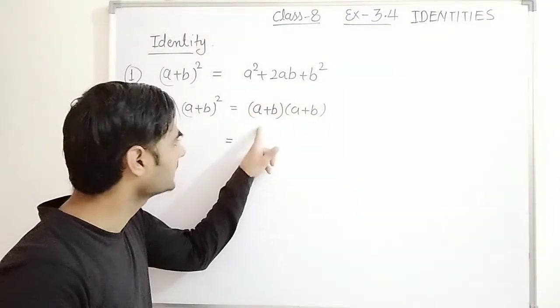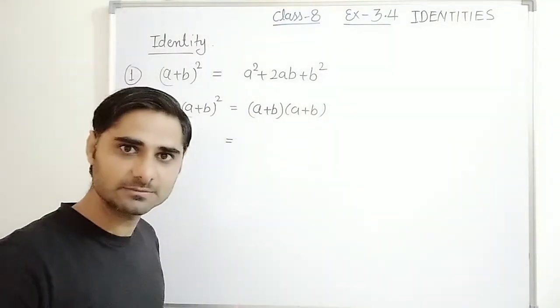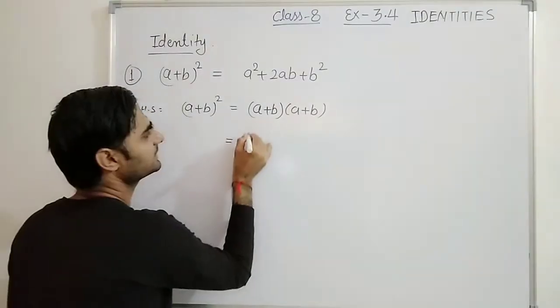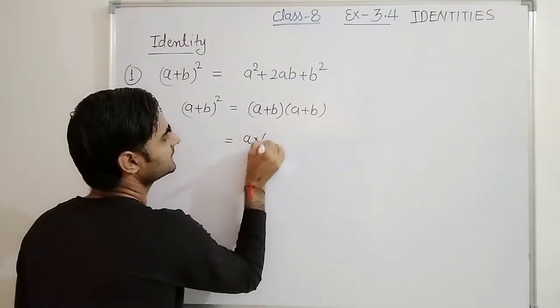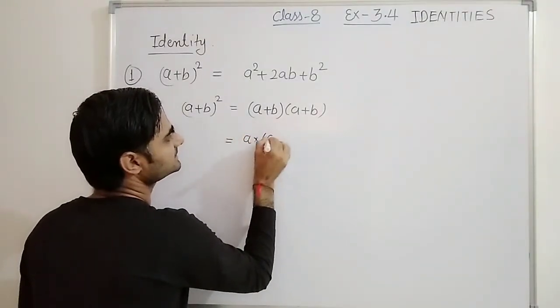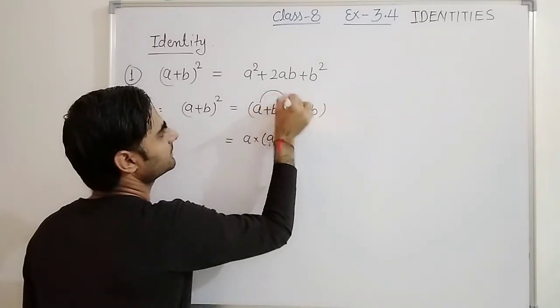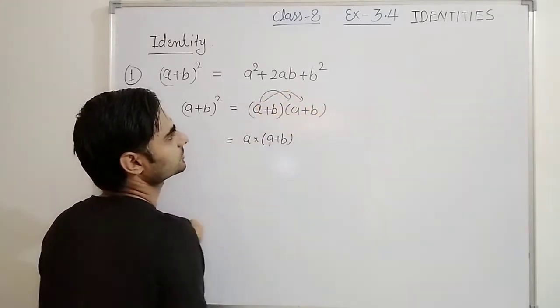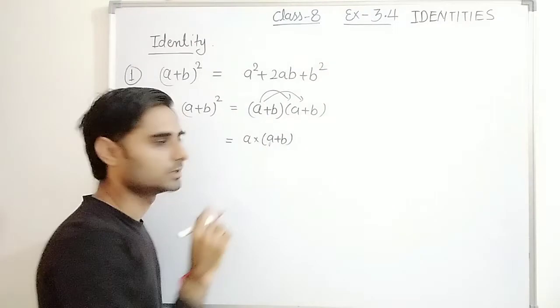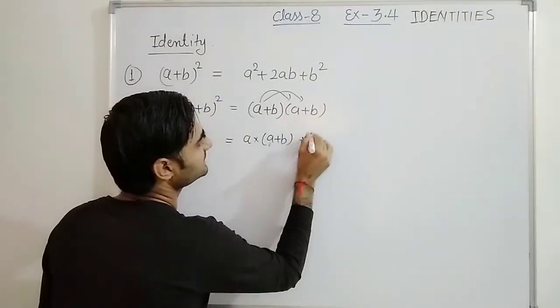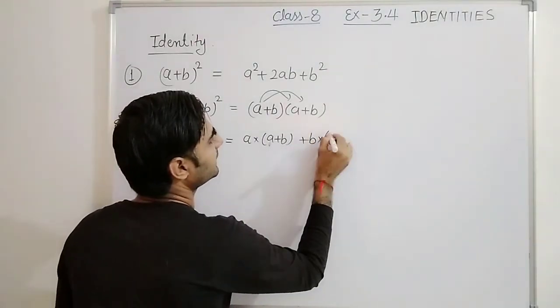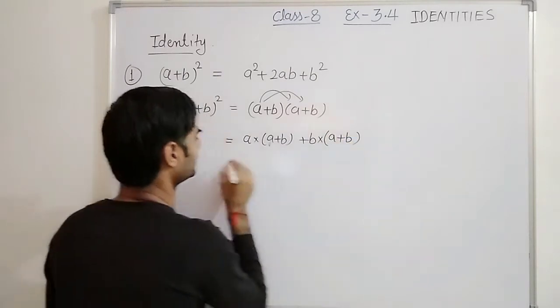So now by multiplication, binomial by binomial, can we multiply? Yes, we can multiply. This a will be multiplied to the whole, and this b also will be multiplied to the whole. So this (a plus b) will be multiplied by (a plus b), right?